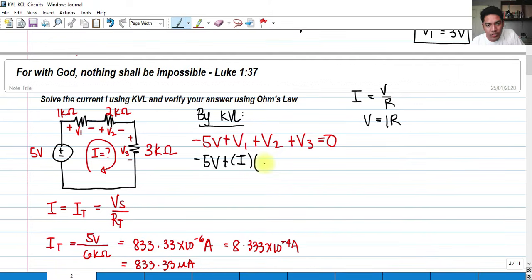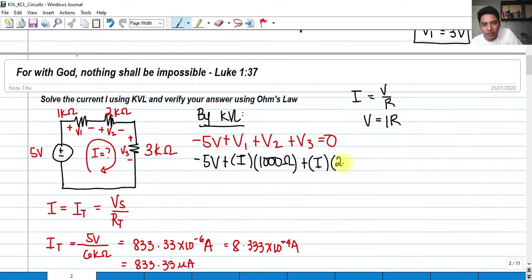The voltage drop there is the total current multiplied by resistor 1, so we have I times 1,000 ohms, because kilo means 1,000, plus I, again the same current because they are connected in series, times the resistance of resistor 2. We simply follow this rule.